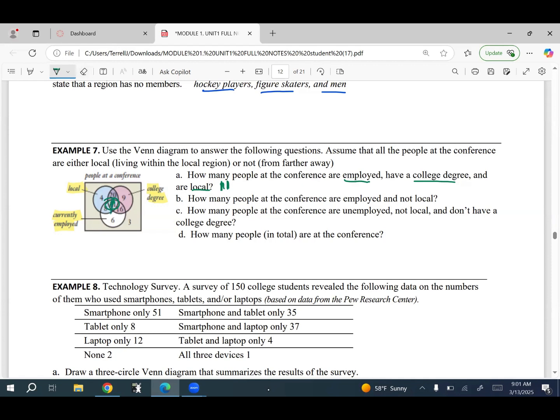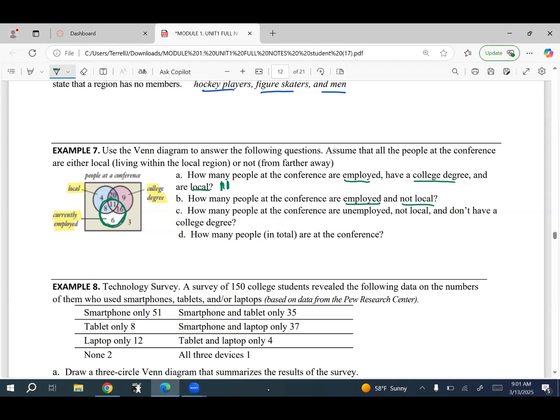Next, how many people at the conference are employed and not local? All right, so let's look at this. Employed, but not local. We're focusing on this employed circle. But it does say not local.